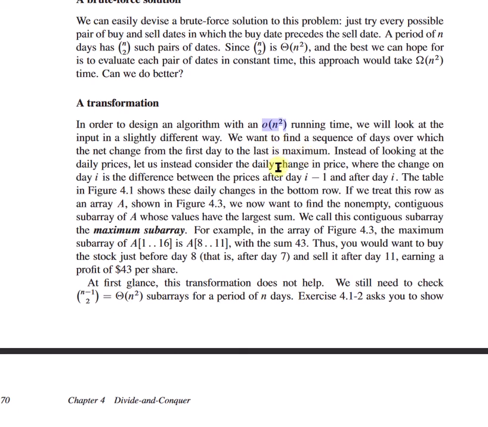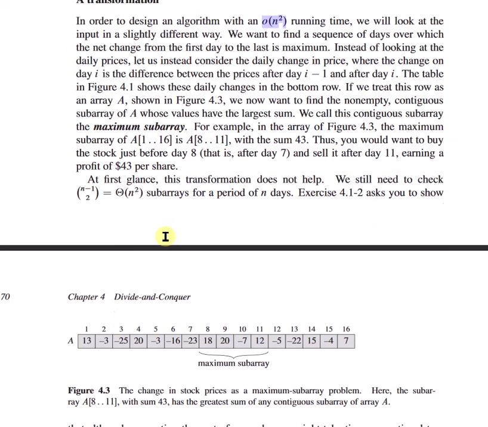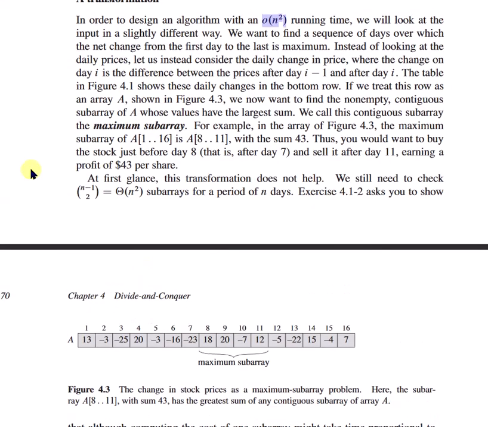We want to find a sequence of days over which the net change from the first day to the last is maximum. Instead of looking at the daily prices, let us instead consider the daily change in price, where the change on day i is the difference between the prices of day i and the previous day.